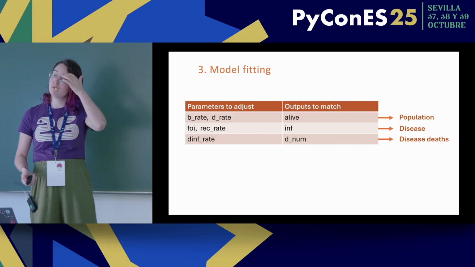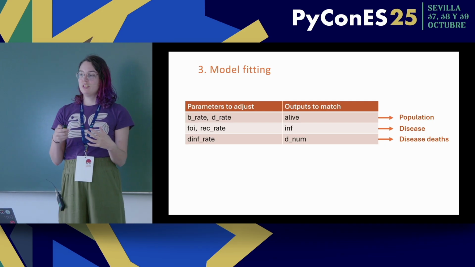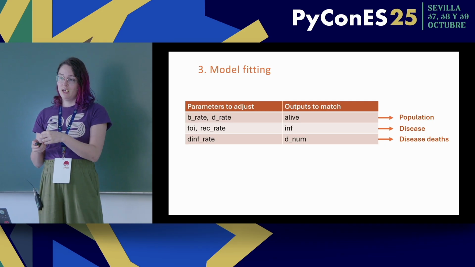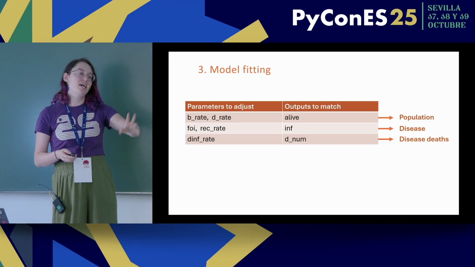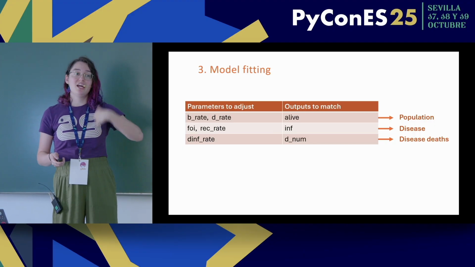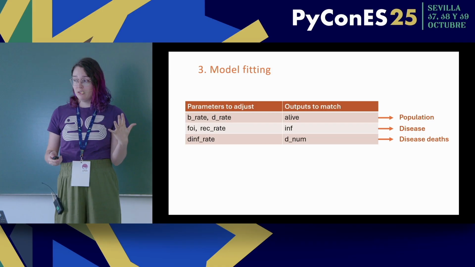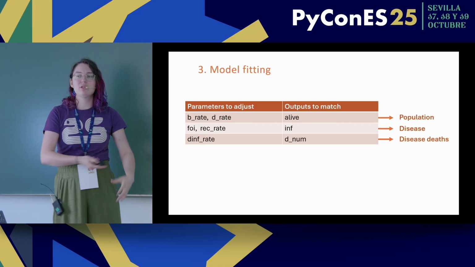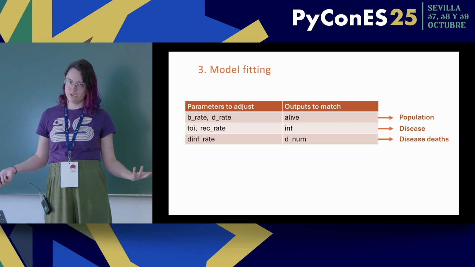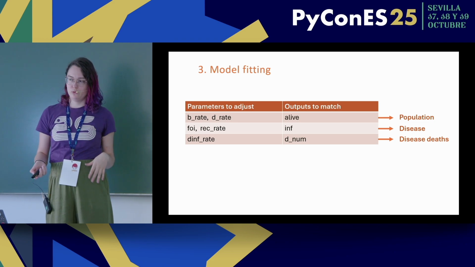Here we have the parameter names to match the number of deaths. But then if we change the birth rate, we're going to have more people in the simulation, we're going to have more people infected, and then we're going to have more people dying as well. And suddenly this parameter that we perfectly calibrated is now completely off. So that's no good. And that's why we do it in this particular order.